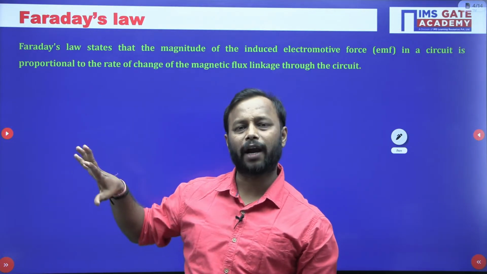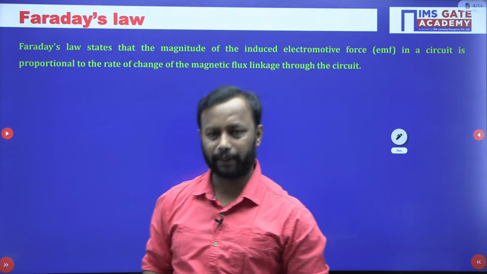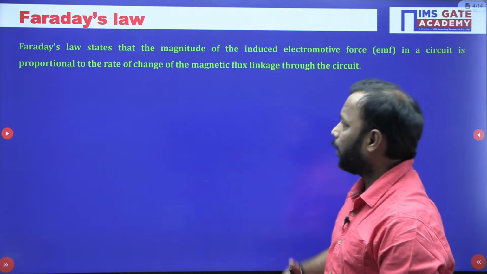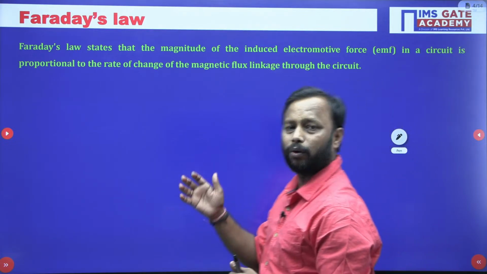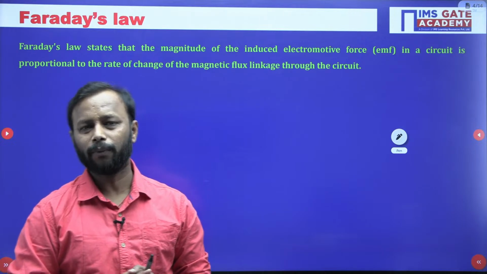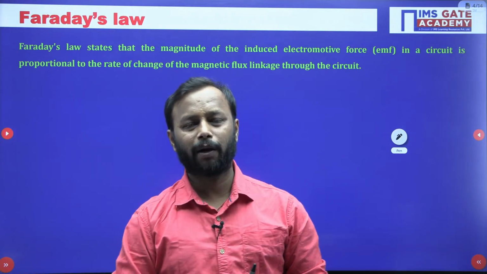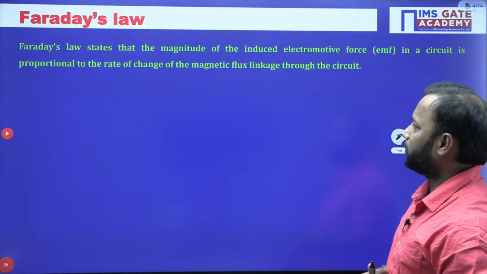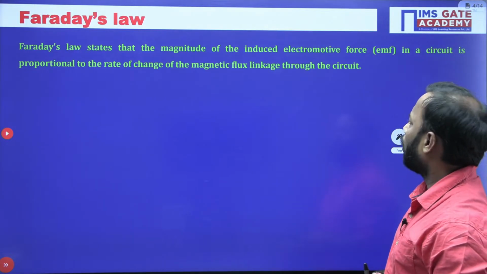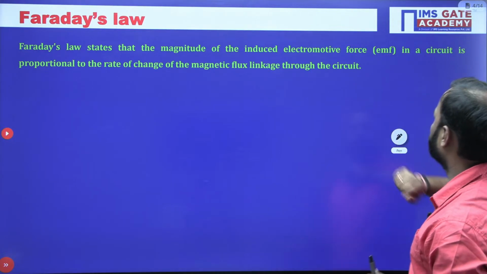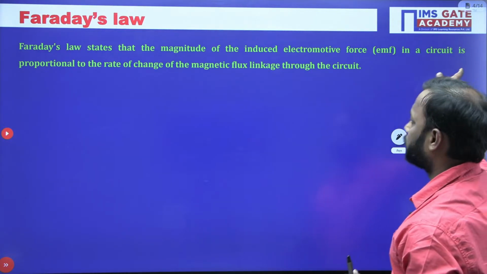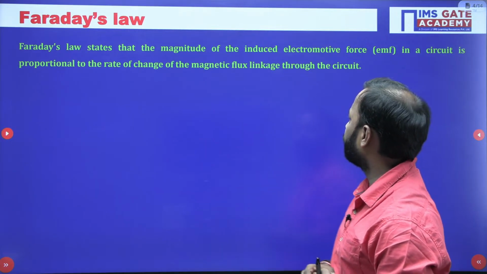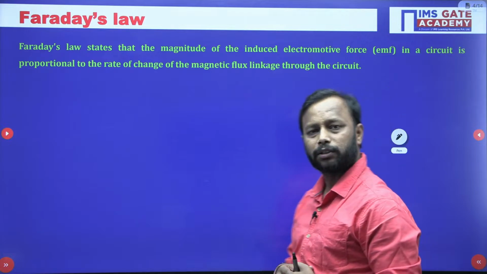Faraday was a scientist who invented this particular law. What is the statement of Faraday's law? Faraday's law states that the magnitude of the induced electromotive force, that is EMF, in a circuit is proportional to the rate of change of magnetic flux linkage through the circuit.